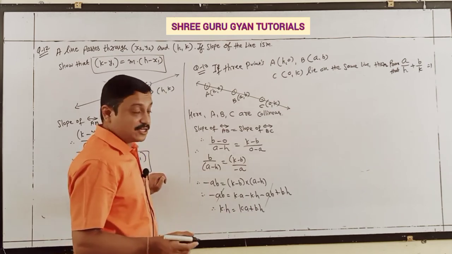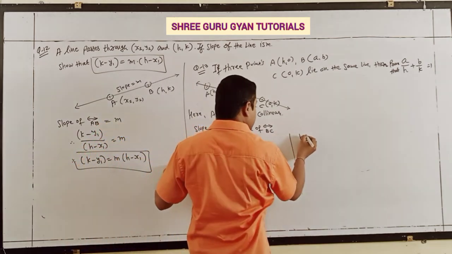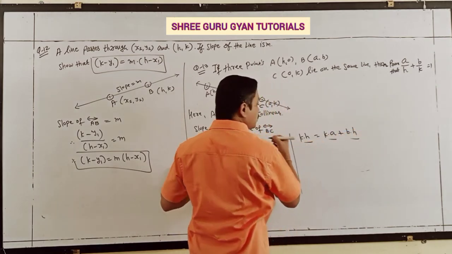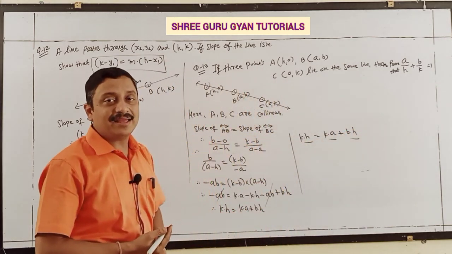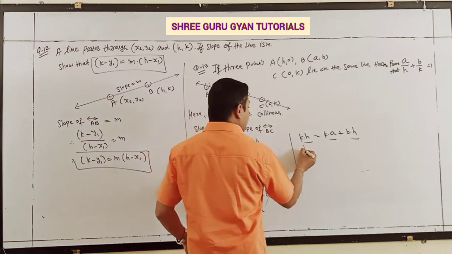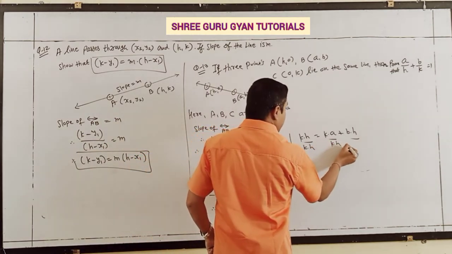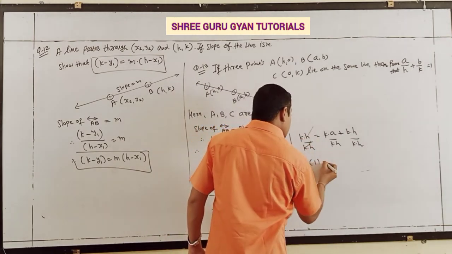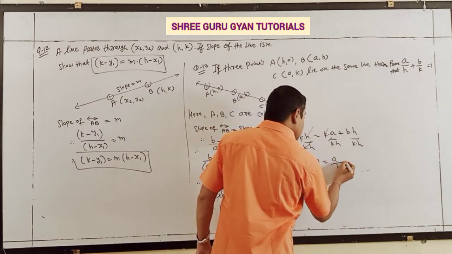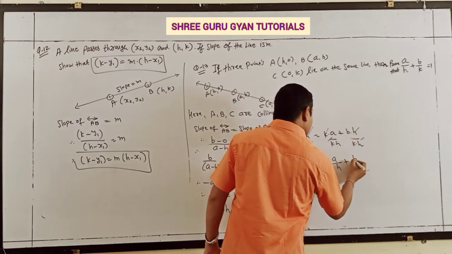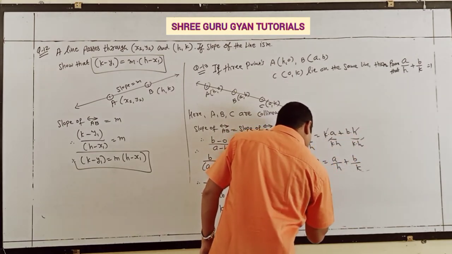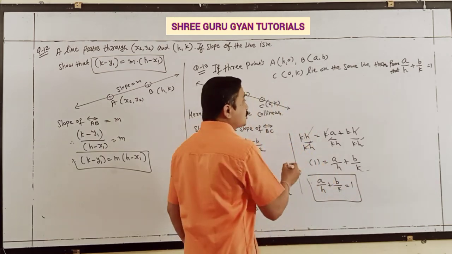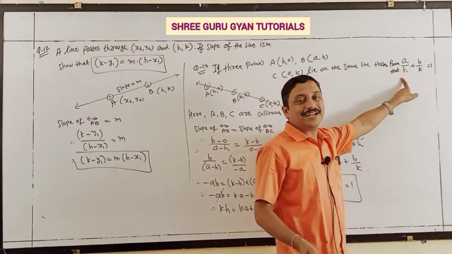Now I divide each term by kh. Here kh divided by kh gives 1, on this side the h cancels leaving a upon h, and this cancels leaving b upon k. It means a/h + b/k = 1. That's the simple and easy way, our target is done.